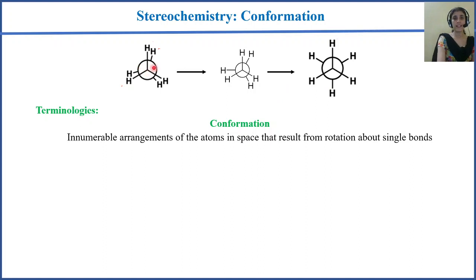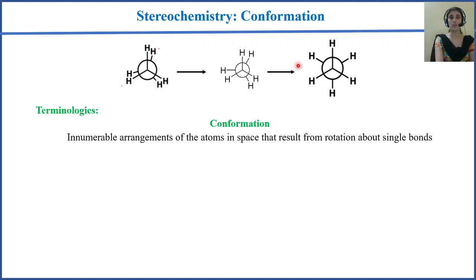This CC bond can be rotated through 360 degrees. So, small rotations will generate new conformations. So, there are innumerable conformations possible. Conformations are innumerable, whereas configuration is fixed.